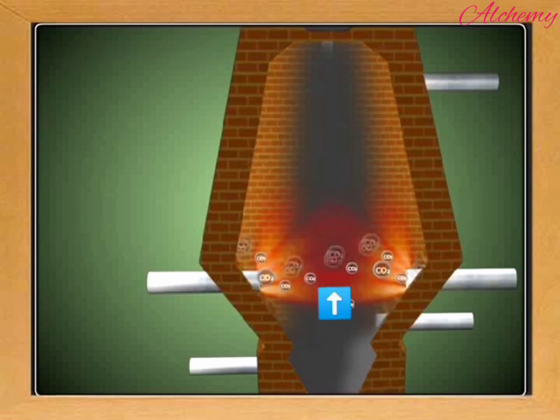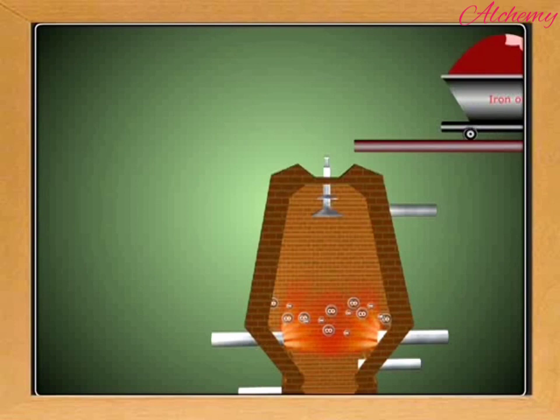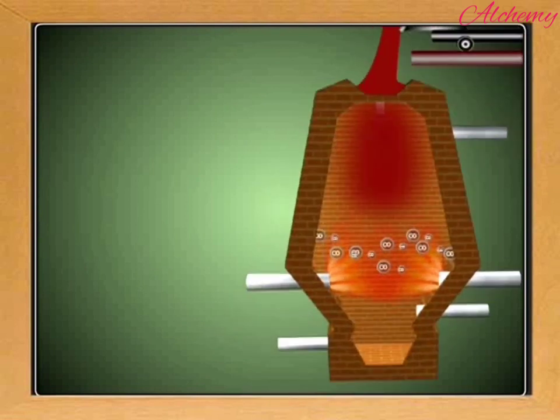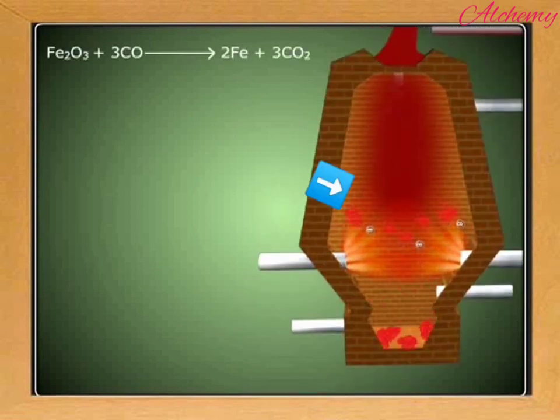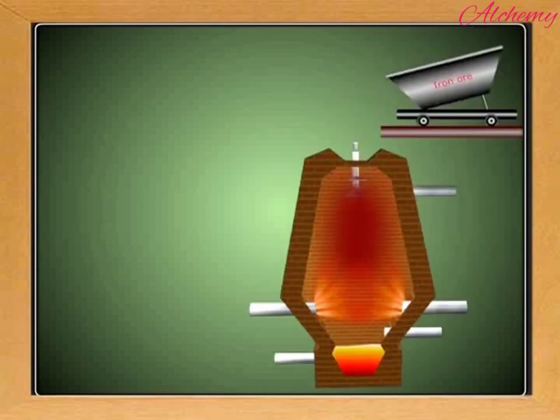As the carbon dioxide moves up, it gets reduced to carbon monoxide when it comes in contact with coke. The carbon monoxide formed reduces the iron oxide present in the iron ore to iron. Under the conditions of high temperature, the iron undergoes melting and settles at the bottom of the blast furnace.